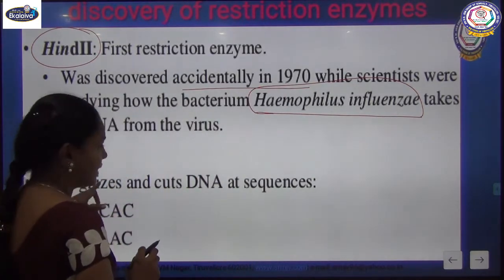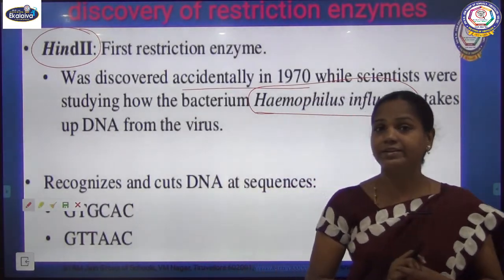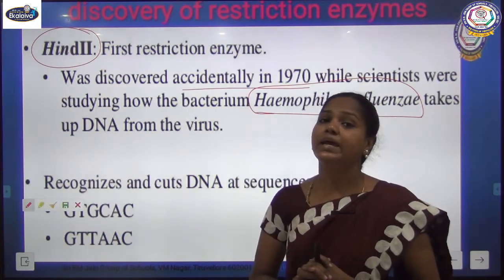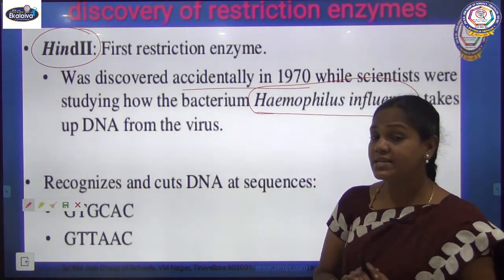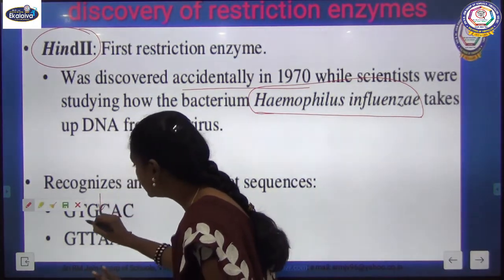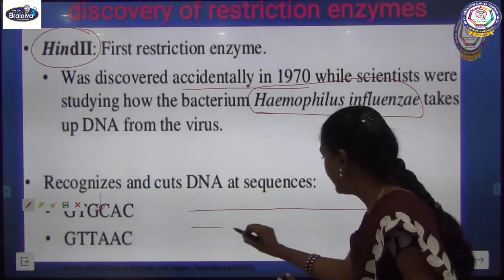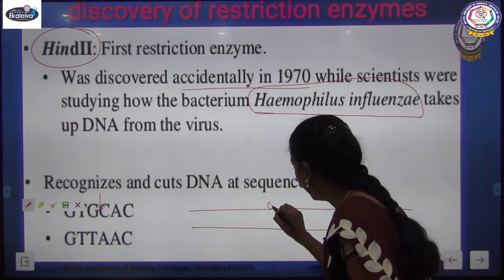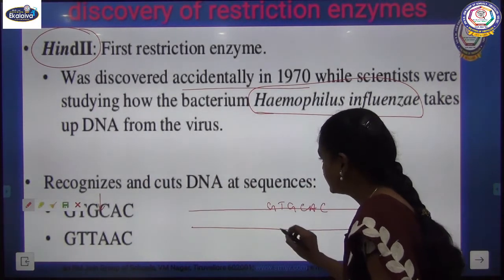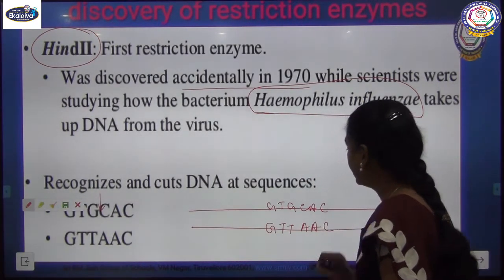I told you each and every restriction enzyme has its own recognition site, and this is the recognition site for the HIN2 enzyme. For example, this is our double-stranded DNA, and at one place it has this sequence.